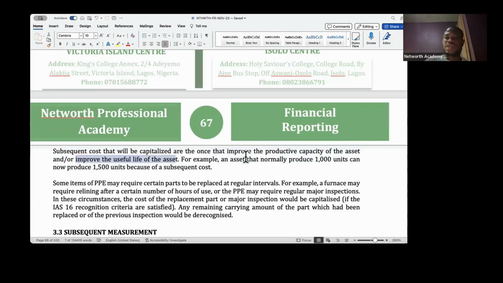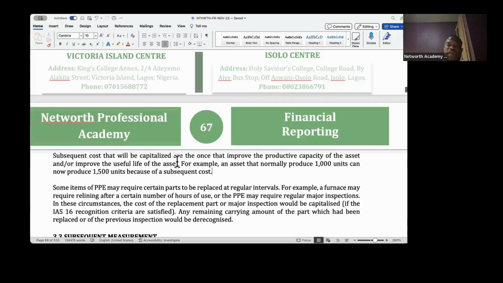For example, an asset that normally produces 1,000 units, if the production now increases to 1,005 because of a subsequent cost, that kind of subsequent cost should be capitalized because it has improved the productive capacity, or maybe it improved the useful life of the asset.